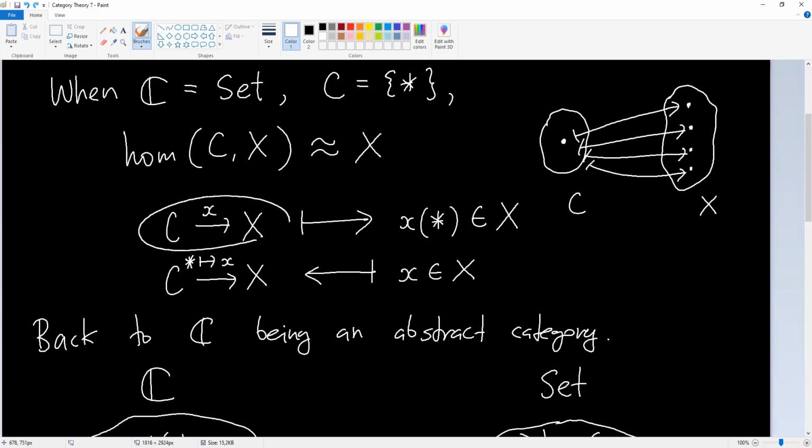So if I've got a morphism from C to X, since C only has one element, the morphism determines an element in X. So that's how a morphism can determine an element. And the other way around, if I have an element, then it determines a morphism which maps that star to that element. Are you comfortable with the fact that this is a bijection, Michaela? Yes, I am.